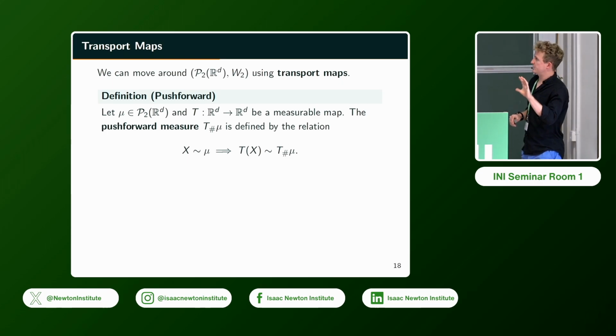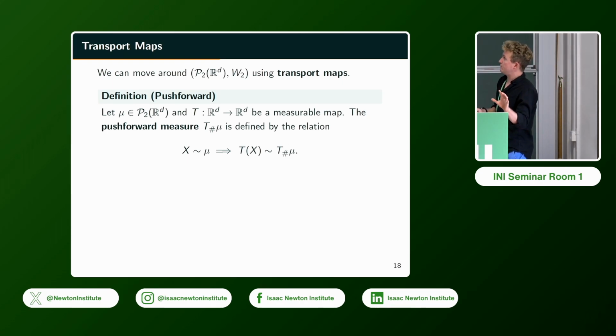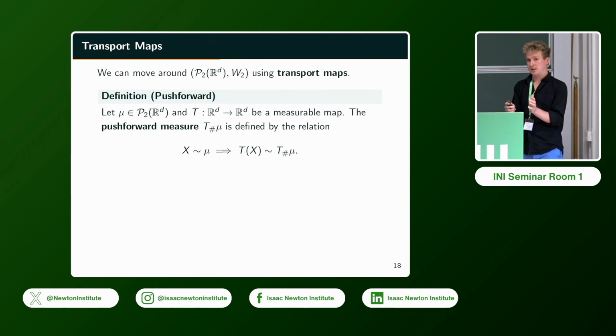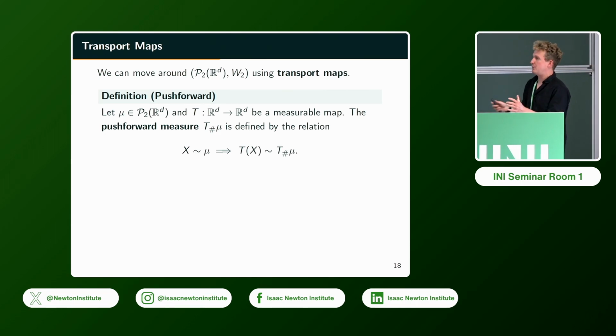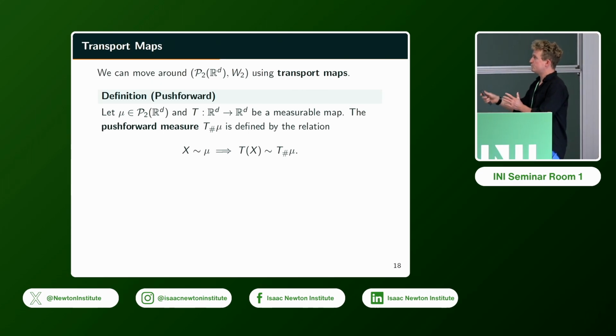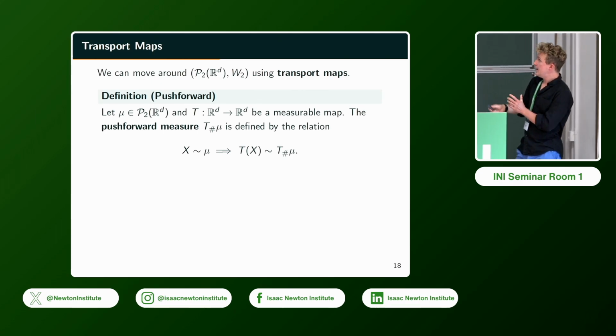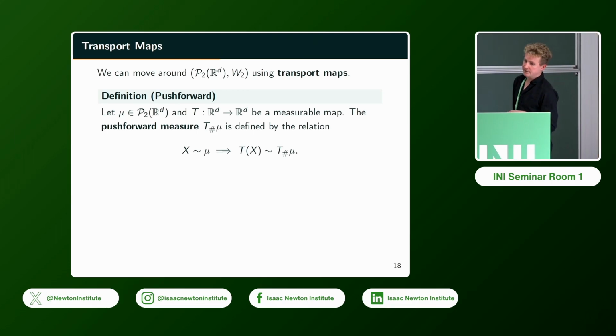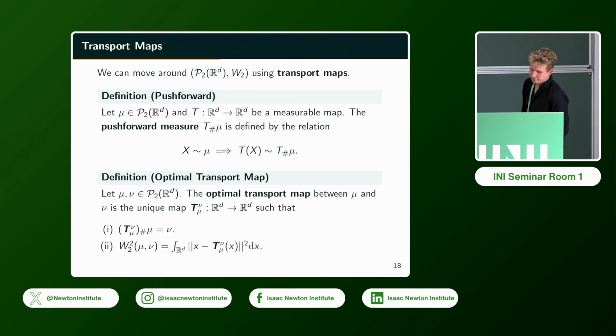And the key point I want to say here is that it's fairly straightforward to show that if mu belongs to our Wasserstein space, then so too does the push forward of mu under T. And so that's what I mean when I say we can move around this space using these transport maps. Essentially, if you take the push forward of a measure mu under T, and T is measurable, then the push forward of mu under T is indeed still in this space.